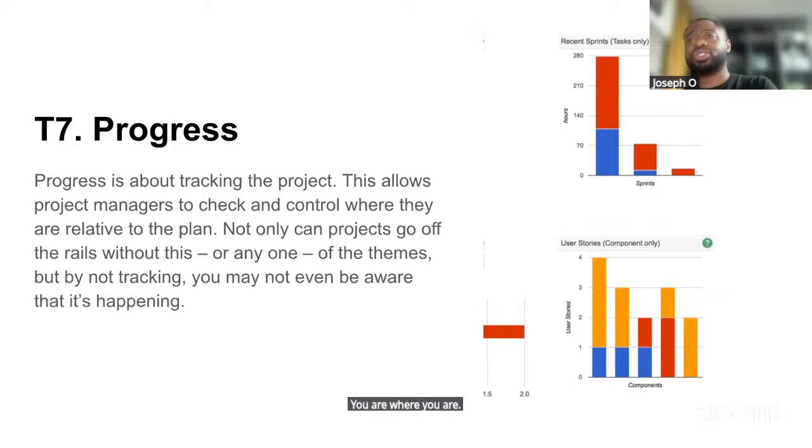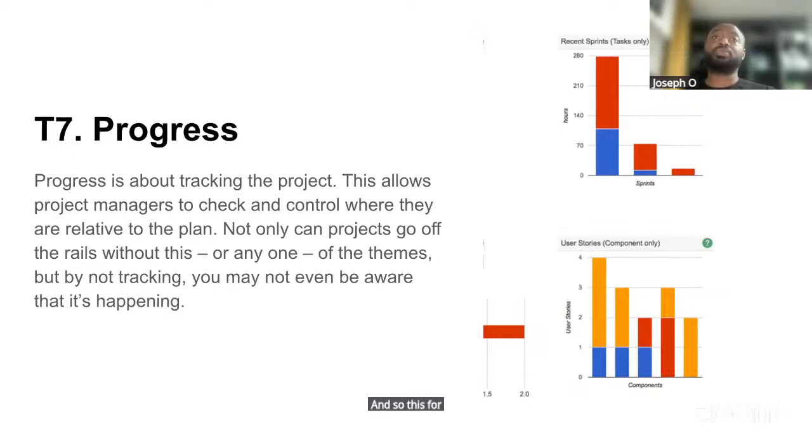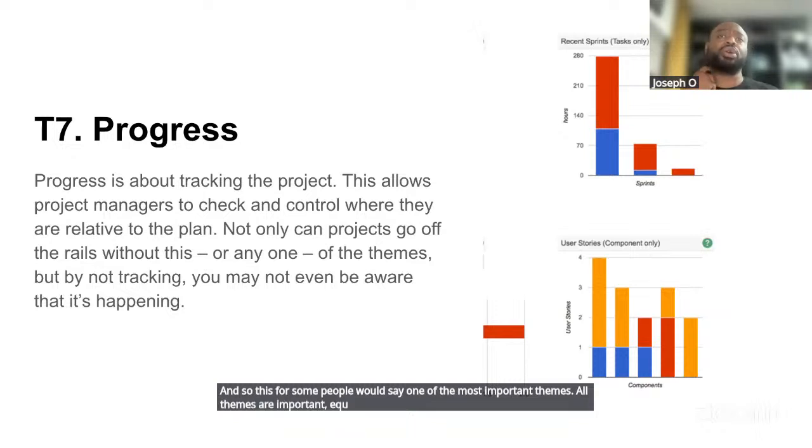And if you are not there, what are you doing to either escalate things or manage the gap between where you are and where you ought to be? Some people would say this is one of the most important themes. All themes are equally important, don't get me wrong, but by not tracking, we as project managers are not even aware that something that should be happening is not happening.